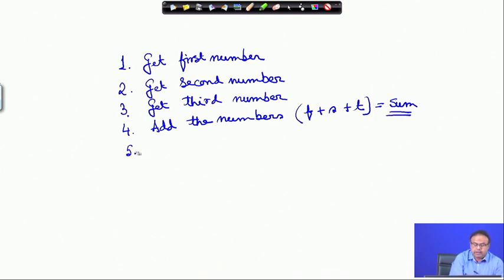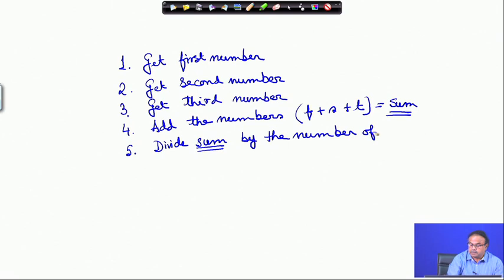and then I say divide the sum by the number of numbers. And what is the number of numbers? Number of numbers here is 3 because there are 3 numbers, and then announce result.